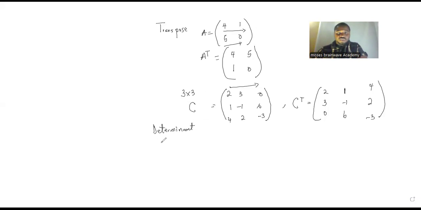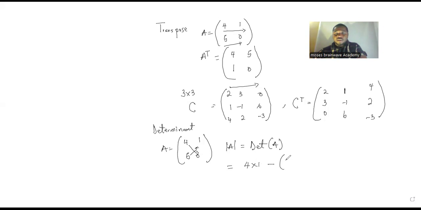If it is 2 by 2, in our case, we have A is equal to 4, 1, then 5, and 0. So the determinant, we can have it written as this. Determinant is the same thing as the determinant of matrix A. So this is just going to be 4 multiplied by this element, the leading diagonal multiplying, then minus, we now multiply this and this.